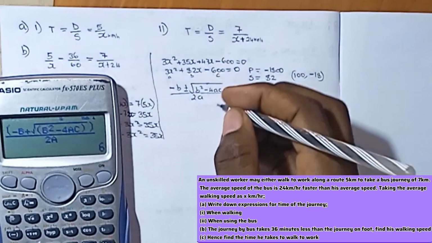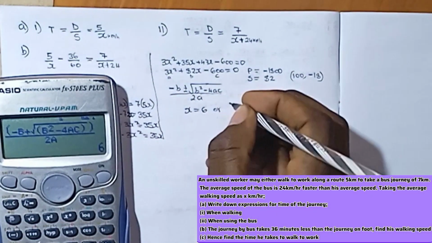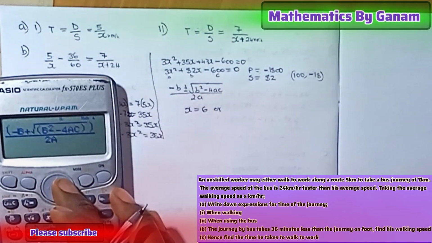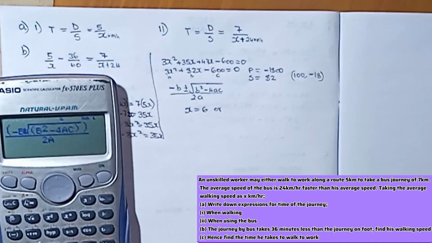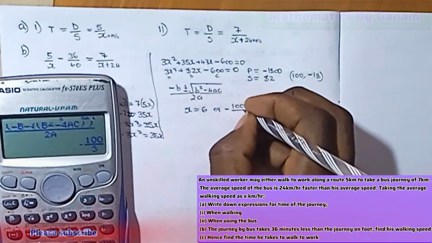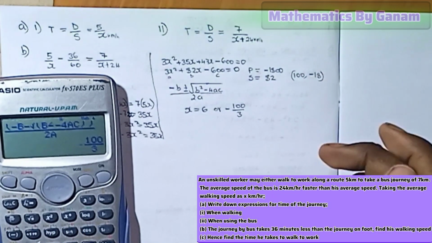So the answer is x is equal to 6, or, when we have a negative here, negative 100 all over 3, which we are going to neglect because it cannot be.